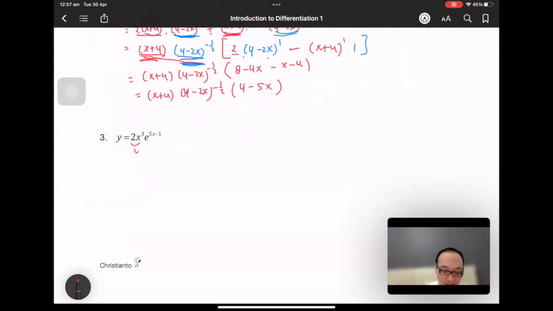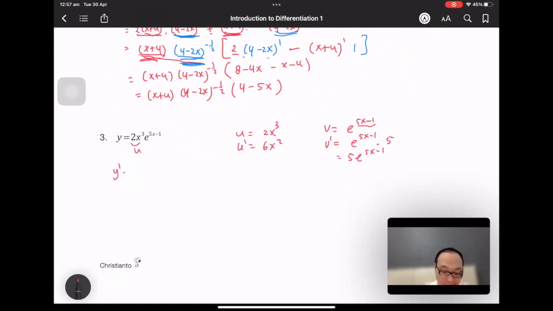So again, this is u. U is 2x cube. So u prime is 6x squared. V is e to the power of 5x minus 1. So v prime, using the chain rule, this is u. So e to the power of u times derivative of u equals 5e to the power of 5x minus 1.